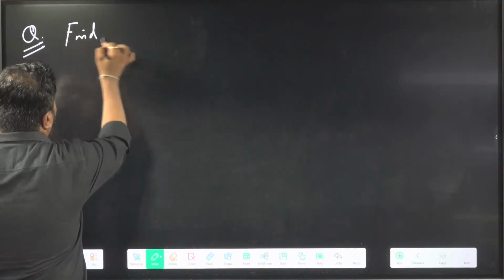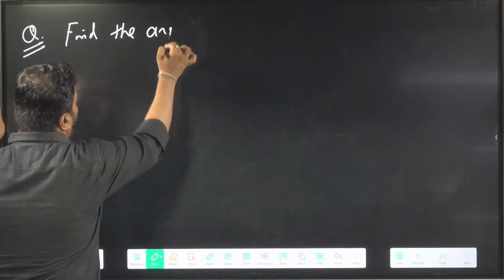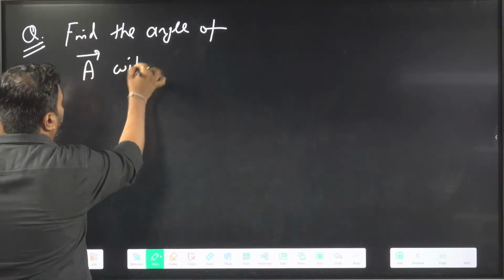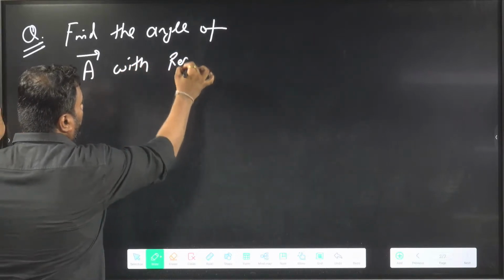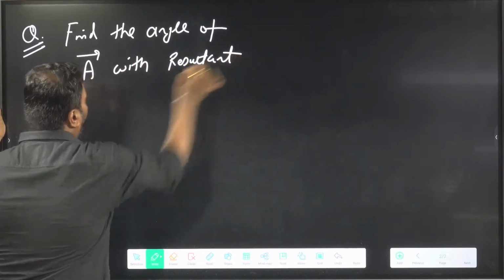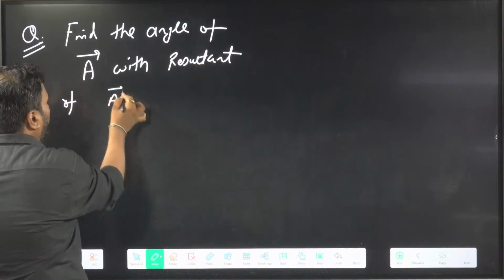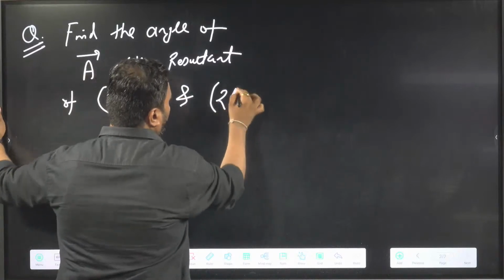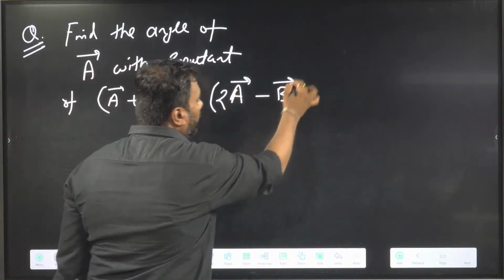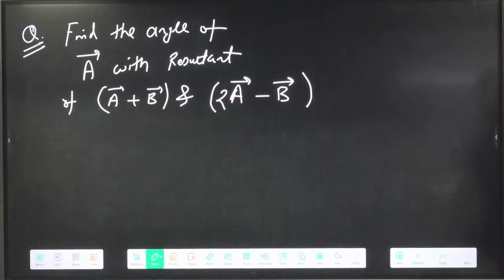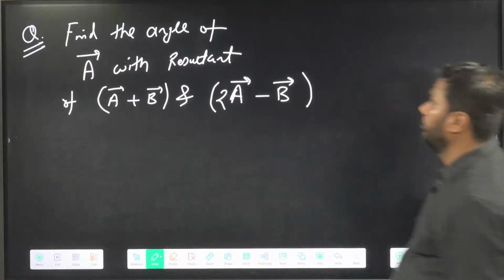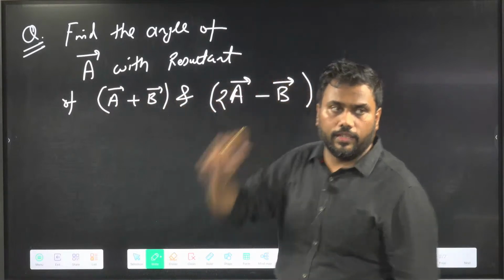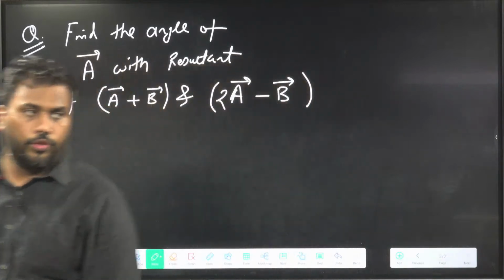Find the angle of a vector with the resultant of a vector plus b vector and 2a vector minus b vector. Find the angle of a vector with the resultant of these two. Do this question.